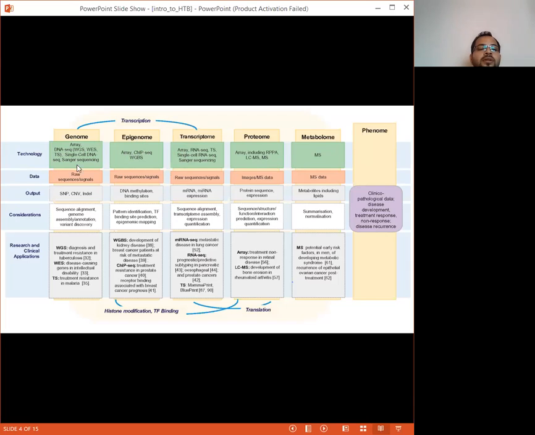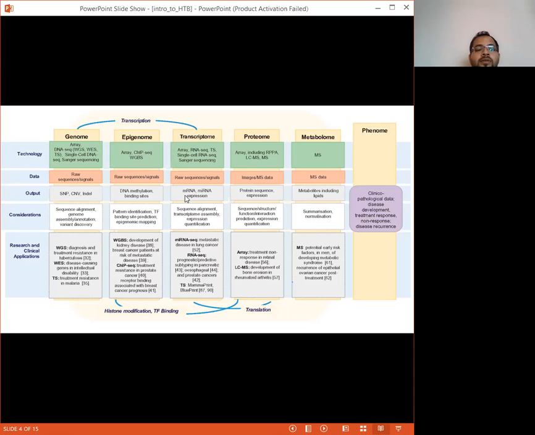Now, these technologies provide you the raw data set, and from that raw data set you can identify different things. From genomic data you can identify SNPs, CNVs, or indels. From transcriptomics data you can identify mRNAs or microRNAs and their level of expression in that particular sample.